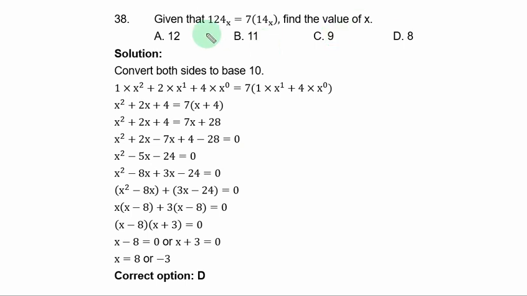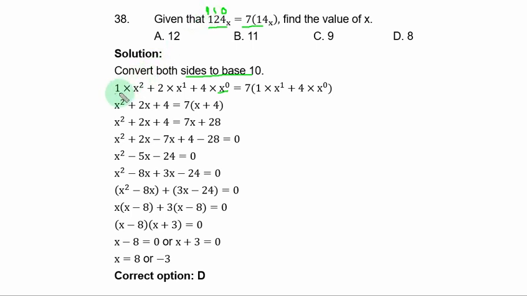Question 38. Given that 124 base S is equal to 7 times 14 base S, find the value of S. Solution: you need to convert both sides to base 10. To do that, you use the given base to multiply each digit, and you assign the position of the digit to the base. The position starts with 0 from right to left. So 4, position is 0, 2, you have 1, and 1 is 2.